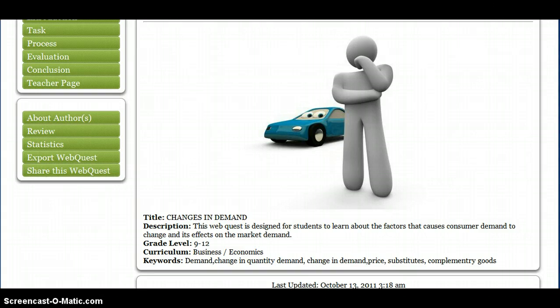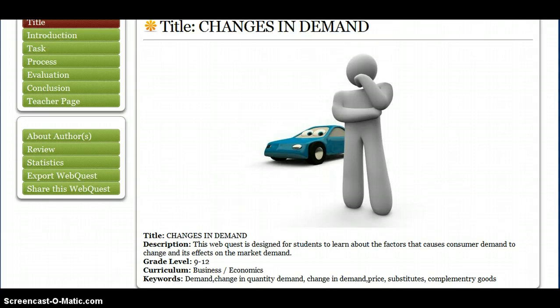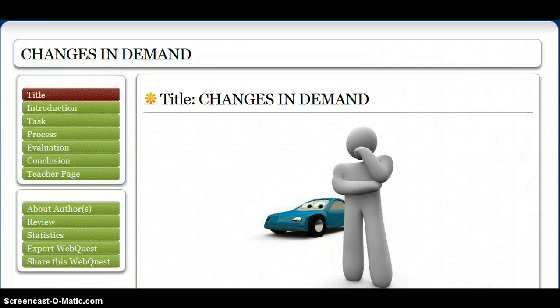The web quest is designed for grade level 9 to 12, and while walking through this web quest, the keywords to look out for are demand, change in quantity demanded, changes in demand, price, substitute and complementary goods. Now let's move on to the next page, which is the introduction page.